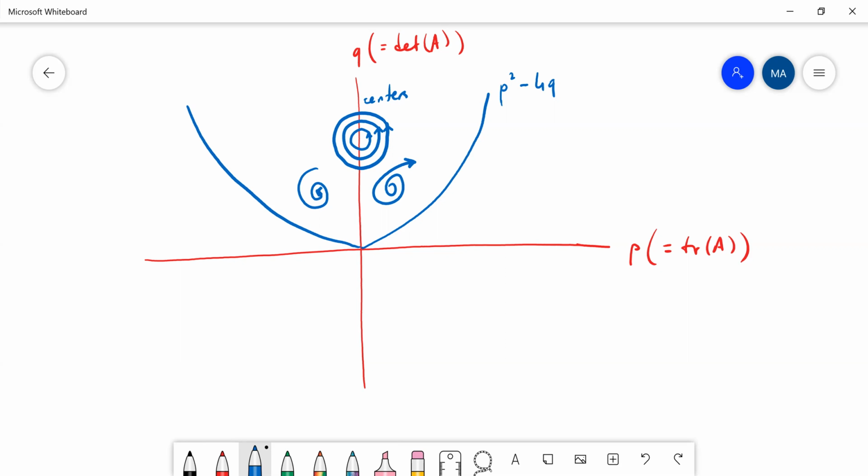On this, so if determinant is less than 0, where are my nodes? I'm looking at my nodes. Okay, so nodes are here, and these are unstable nodes, and these are stable nodes.